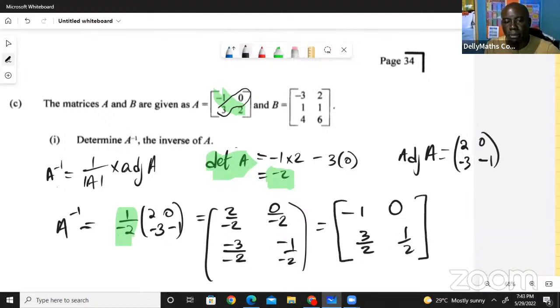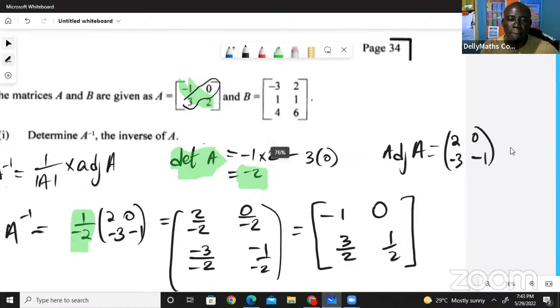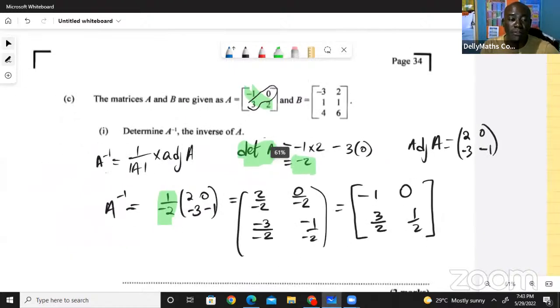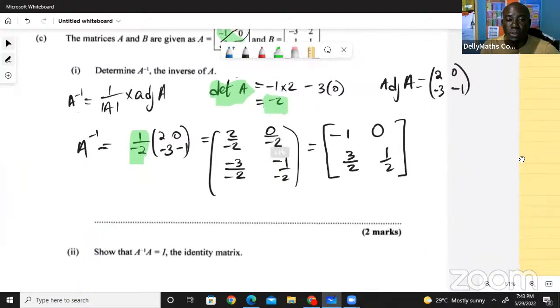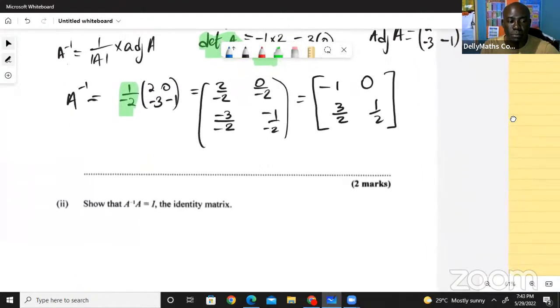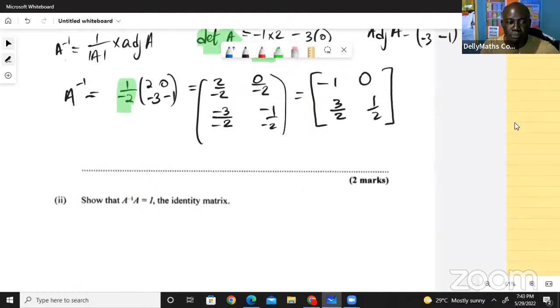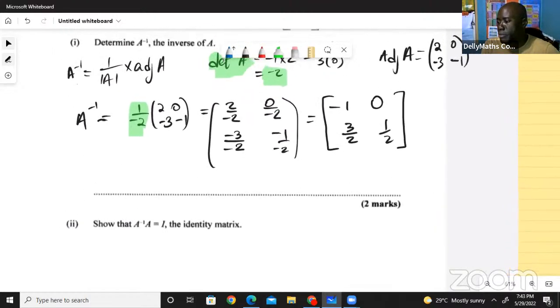Hopefully, if we made no error there, that is actually the inverse of A. -1, 0, 3 over 2, 1/2.